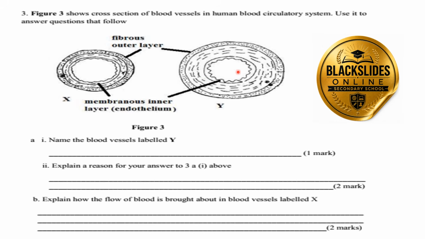And the space inside, which is called the lumen, is narrower and smaller. So these features are indicative of a blood vessel called the artery. So this must be an artery.